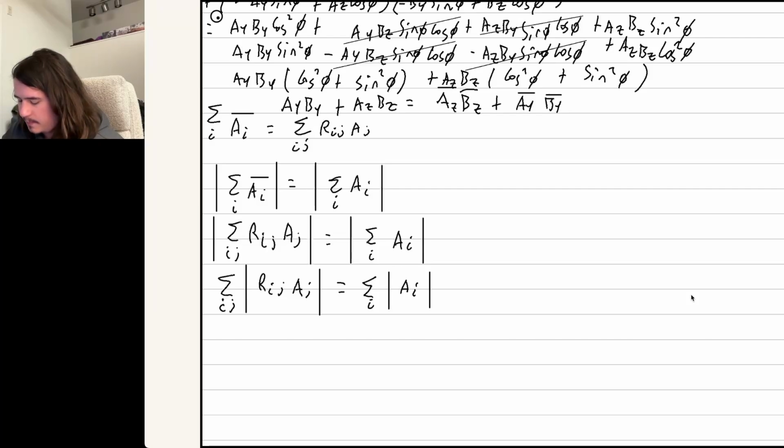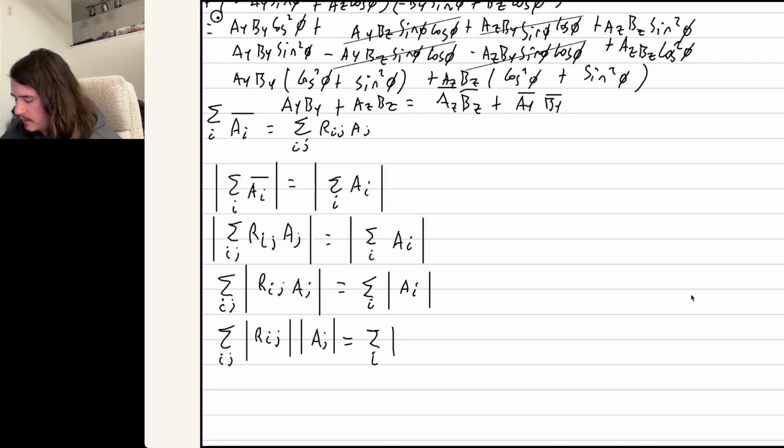And then you can split up the magnitude of Rij Aj into the determinant of Rij and the magnitude of Aj, right?